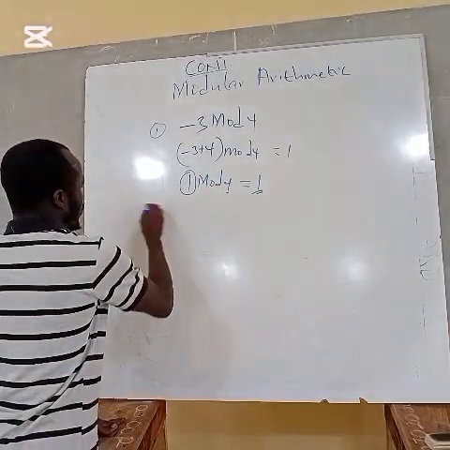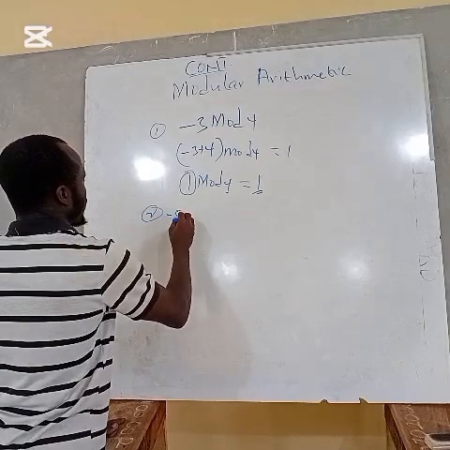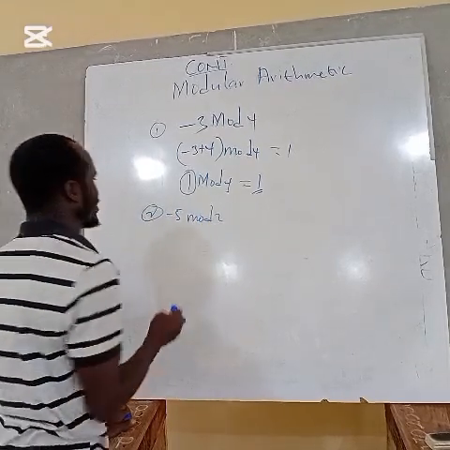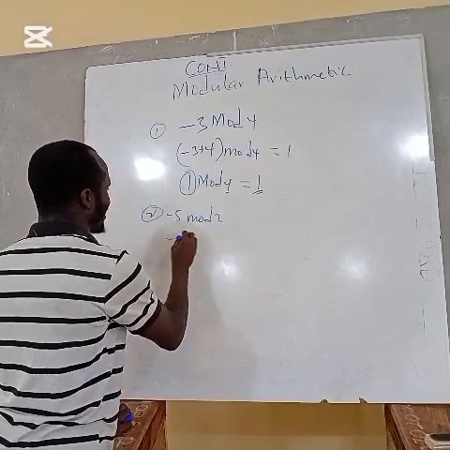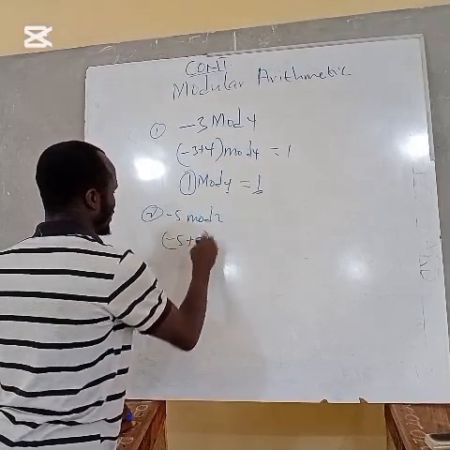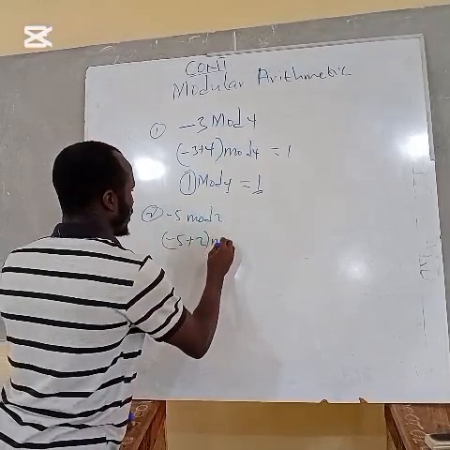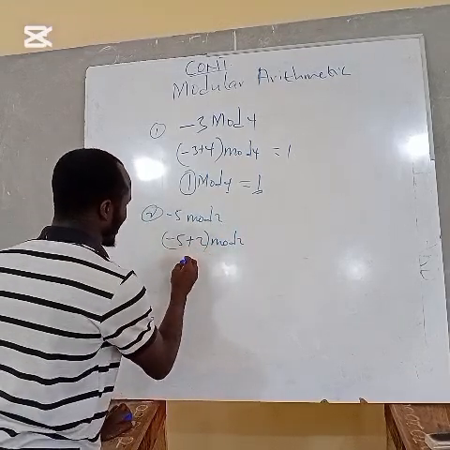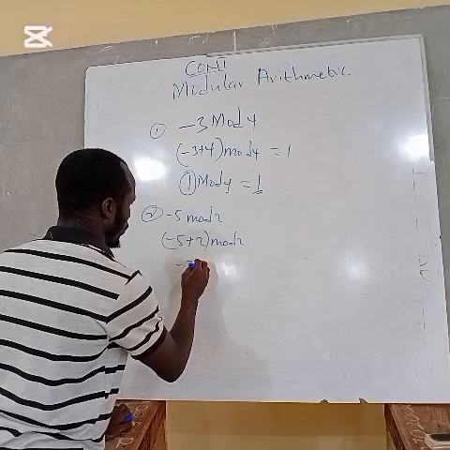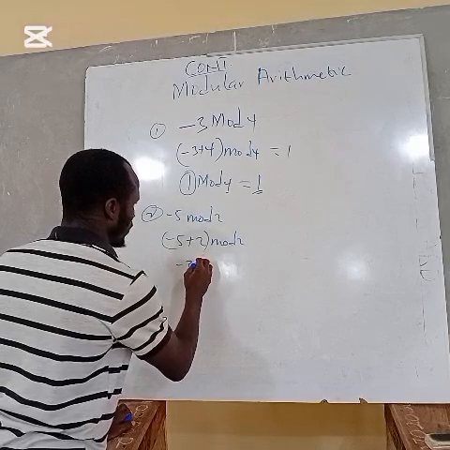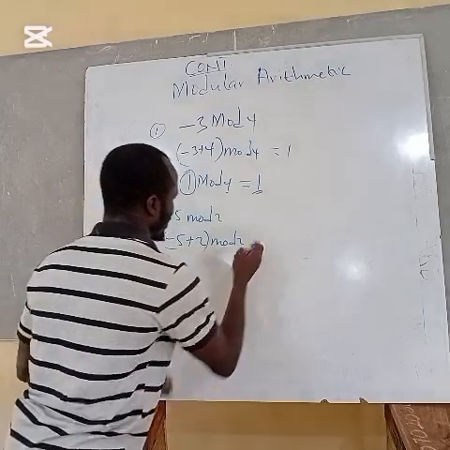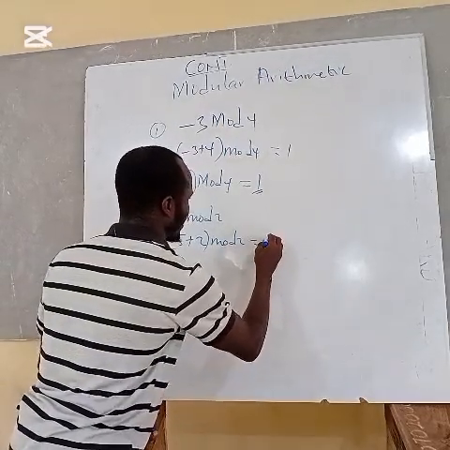Then example 2: negative 5 mod 2. We go by the same procedure. We add 2 plus the negative 5, mod 2, to give us negative 3. So this now becomes negative 3.